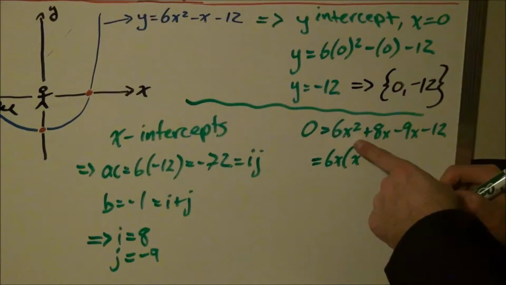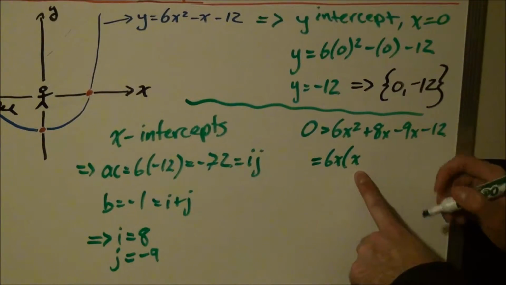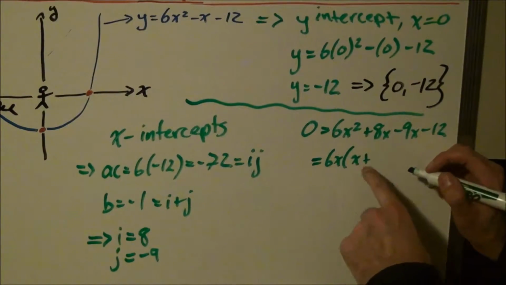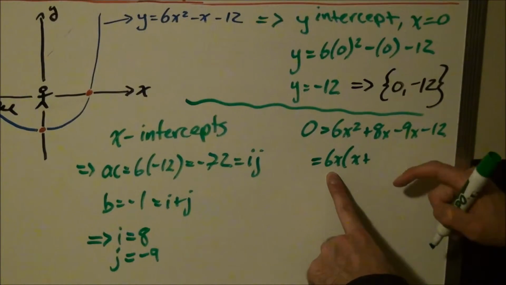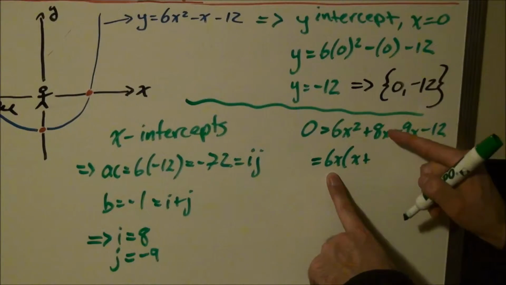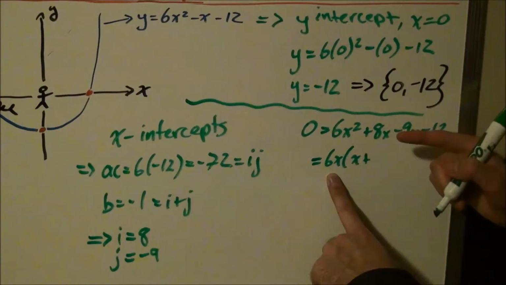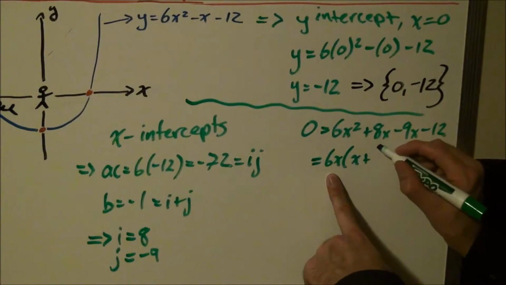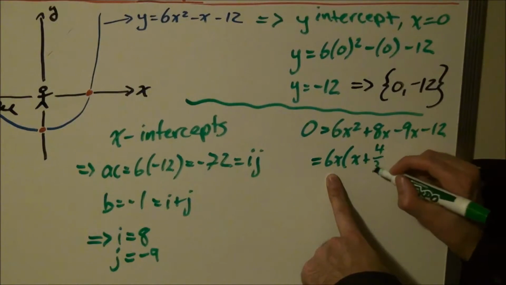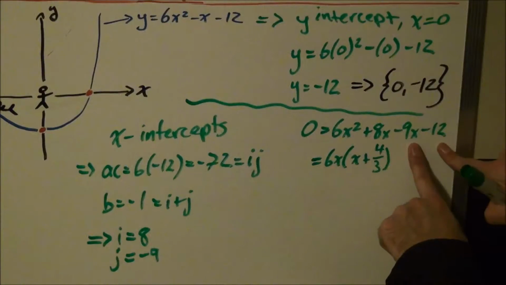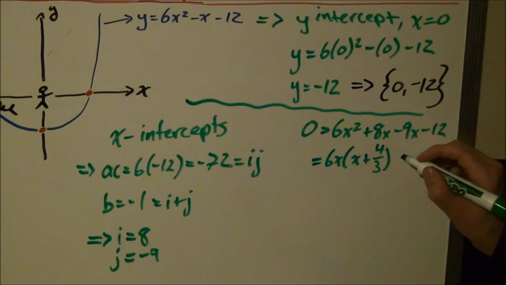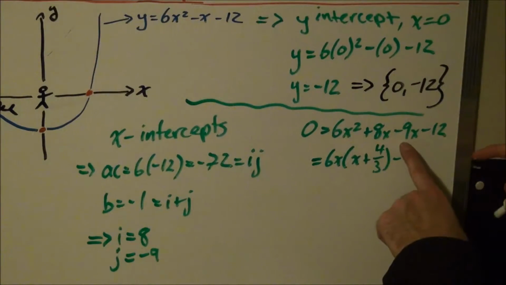So 6x squared divided by 6x will leave me with just x. And when I take 8x and divide it by 6x, well, the x's will cancel, but I'm going to be left with 8 over 6. Both are divisible by 2, so that will leave me with 4 over 3. And when I take these two terms, well, first of all, I'm going to factor out a negative 9.